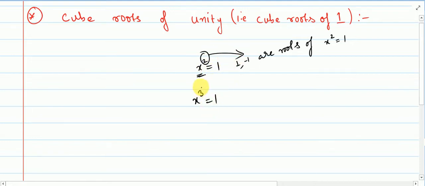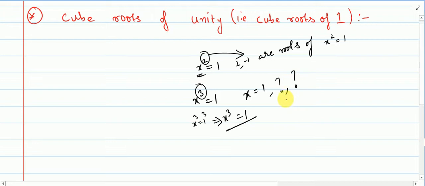And here what is the power? The power is 3, so we should get 3 roots for this equation. So firstly you can say that x equal to 1 will satisfy this, because if you take the cube you are getting x cube equal to 1. Now what about the other two? We should have 2 more which will satisfy this equation.